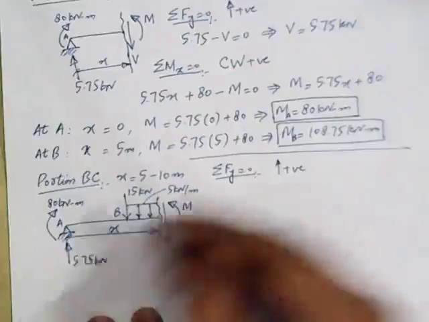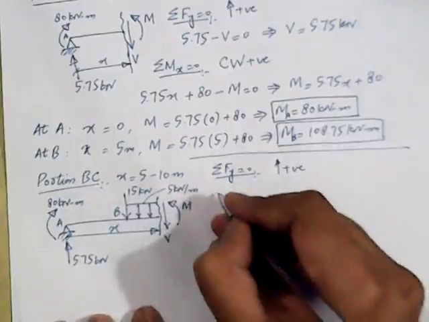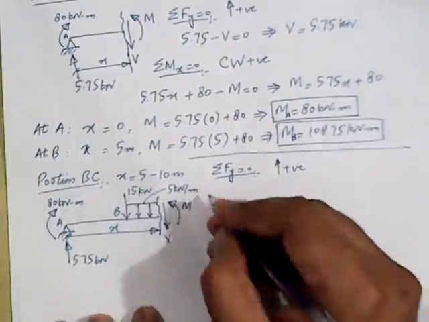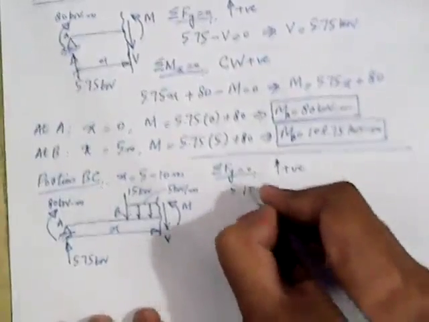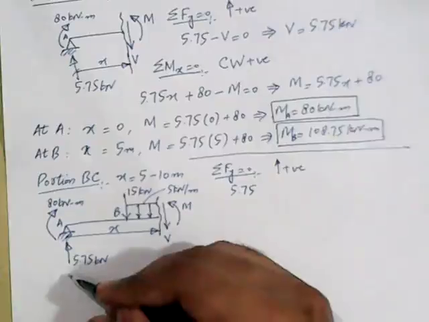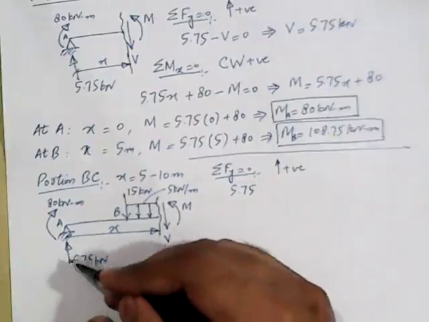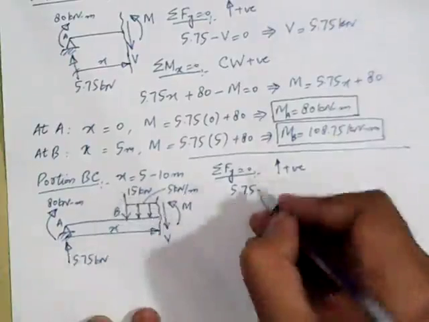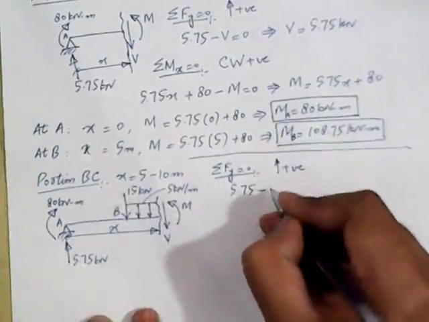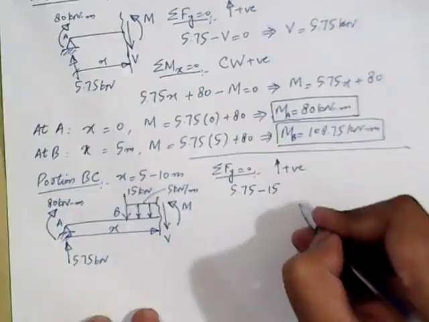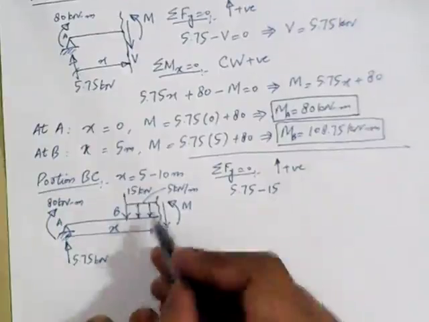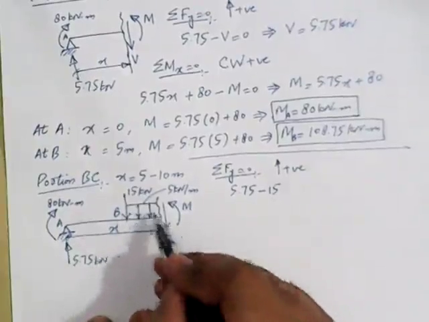So let's start from this end. 5.75 kilonewton force acting in upward direction, and then we have this 15 kilonewton force acting in downward direction, so minus 15. And then what about this part of the UDL?